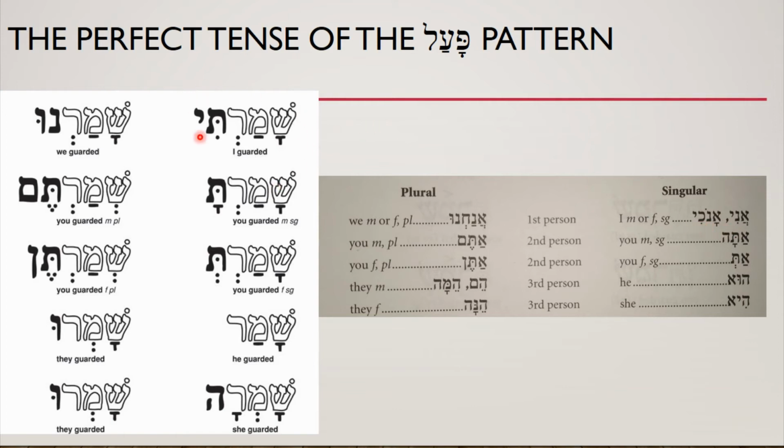The rest of these are pretty much the same. They're very consistent. So second person masculine singular, that ta ending, the tav with the kamatz, is the same in the subject pronoun. And you also have the second person feminine singular at. Well, you have that same construction here, although in the verb form it's pronounced differently because you have the double shava going on. So this is actually pronounced shamarta, whereas this is just pronounced at.